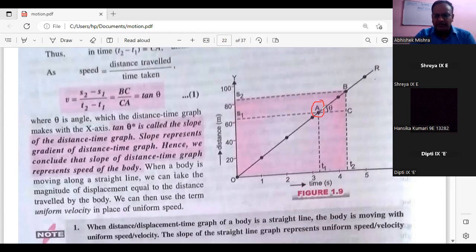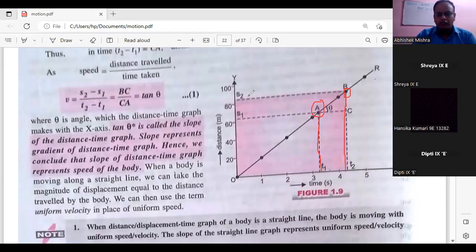From the point A, we will draw a line parallel to the y-axis. Okay. And let us consider another point B on the straight line OR, and we will draw a straight line parallel to the y-axis.